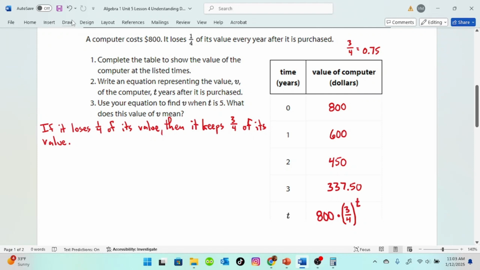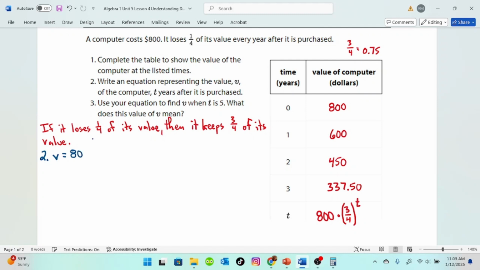Number 2, write an equation representing the value v of the computer t years after it is purchased. So, we're going to say v is the name, because that's what they told us to call it, equals, and all we're going to do is take this bottom expression that we just created, and that will be the rest of the equation.